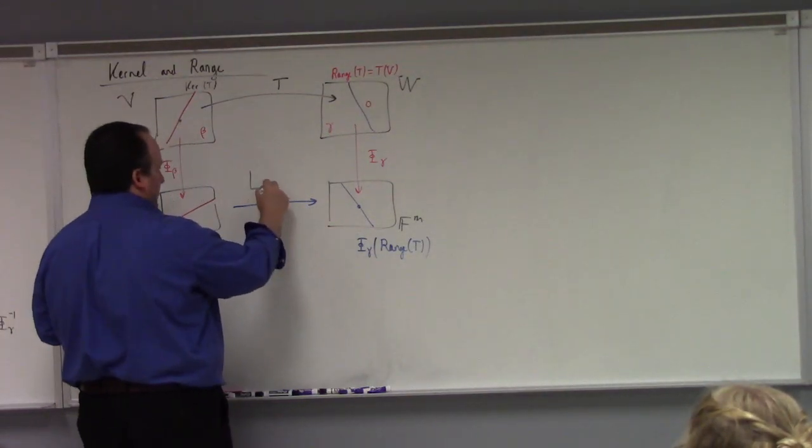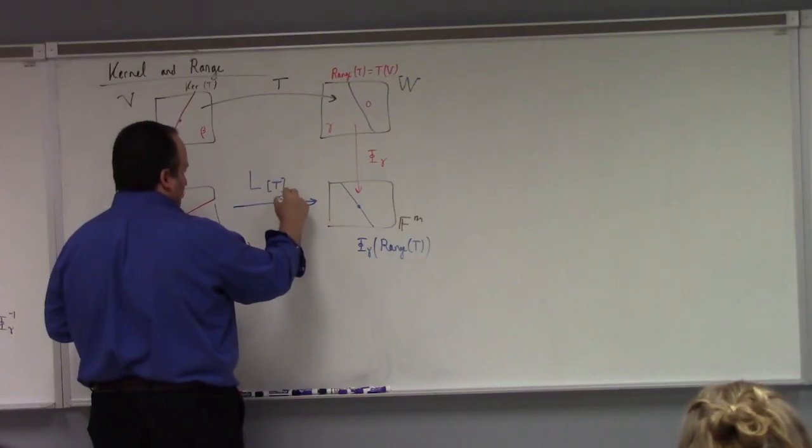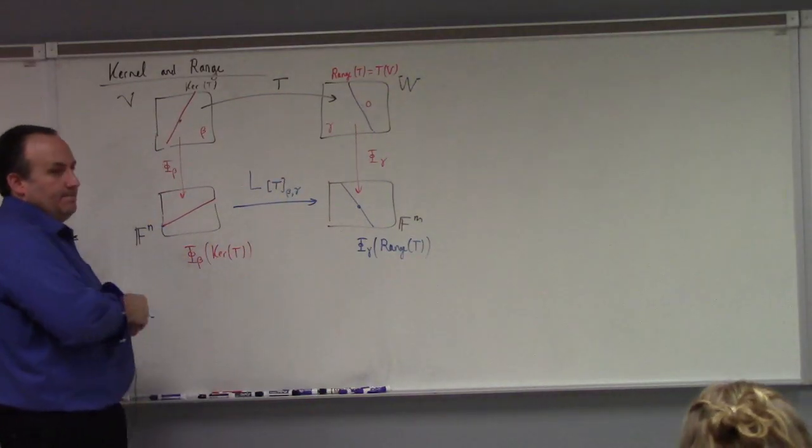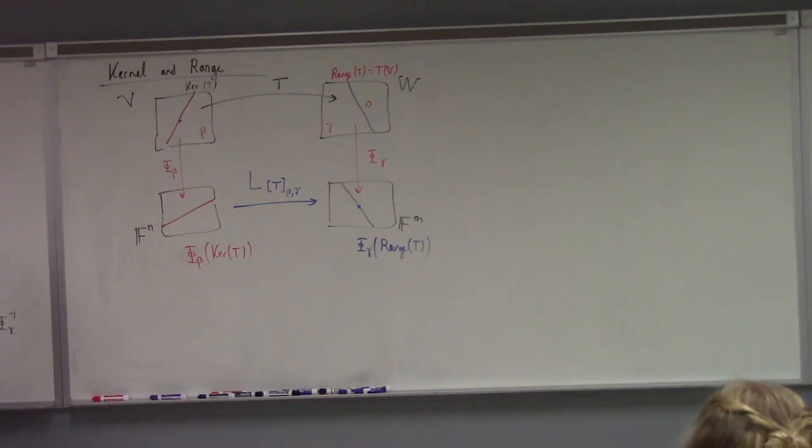Left multiplication by T beta gamma, as we discussed. So T beta gamma, the matrix of T, is an m by n matrix.